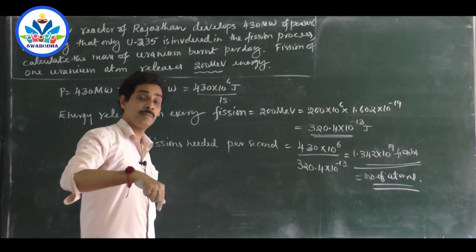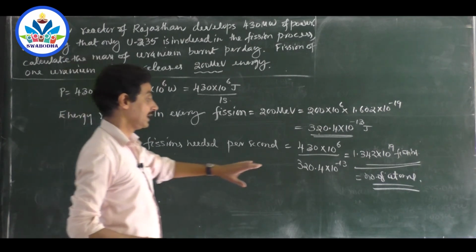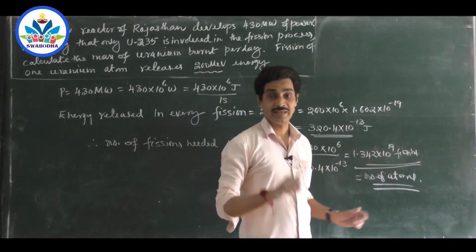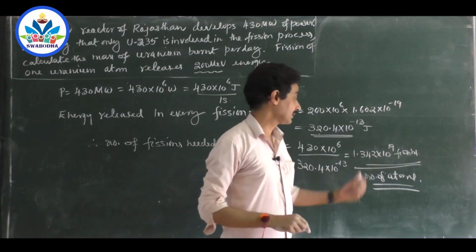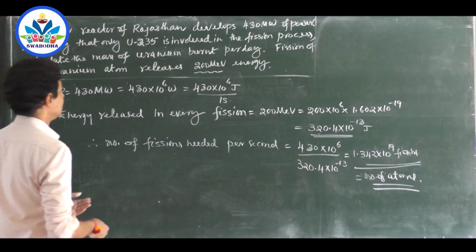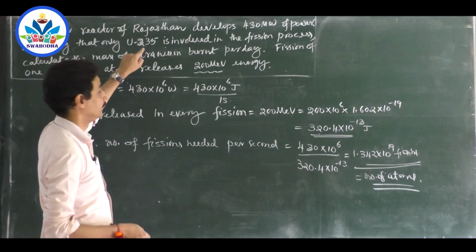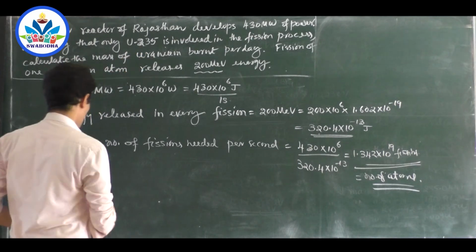If each atom undergoes fission, so many atoms are needed. Those many atoms weigh how much? That is the mass of uranium needed in 1 second. If you want to know it, you know that 235 gram is 1 mole.